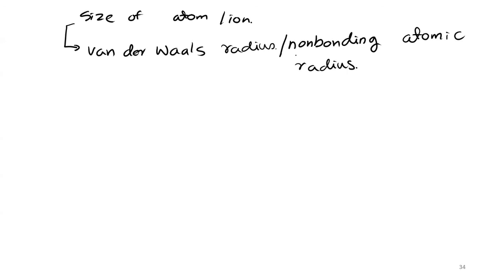Now the word says it, non-bonding. There is no bond formed. Think about an atom like this, and this is the first atom of one element, and take another atom from the same element, atom 2.